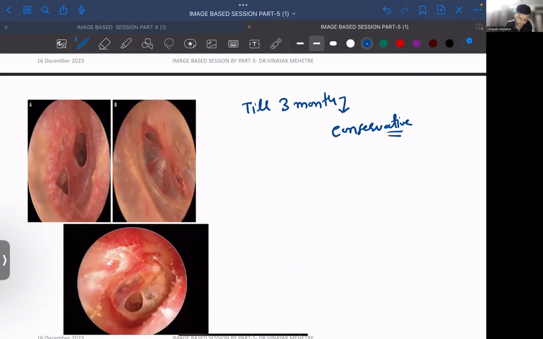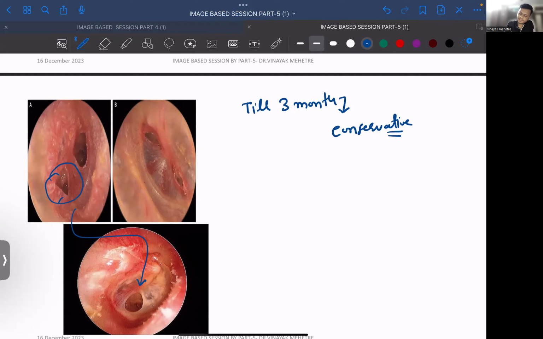For example, suppose this was a tympanic membrane perforation. After some time, this will be the picture: the tympanic membrane trying to heal by itself. So no need to give anything.